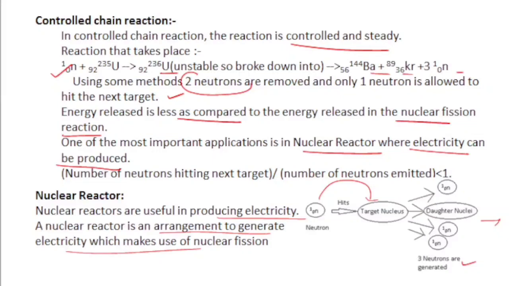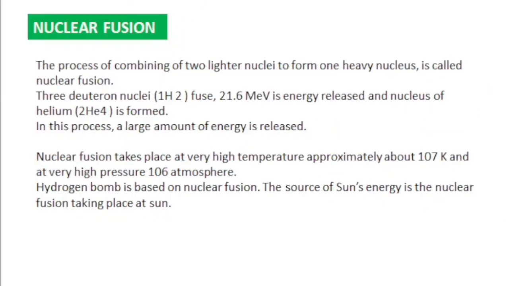After this, the last important topic is what you mean by nuclear fusion reaction. Both nuclear fission and fusion reactions are used to produce nuclear energy. Nuclear fusion is a process of combining 2 lighter nuclei to form 1 heavy nucleus.